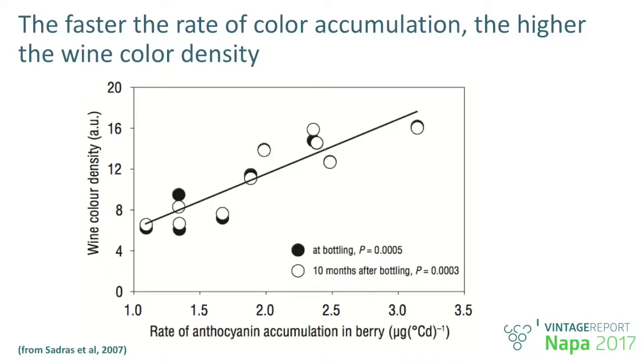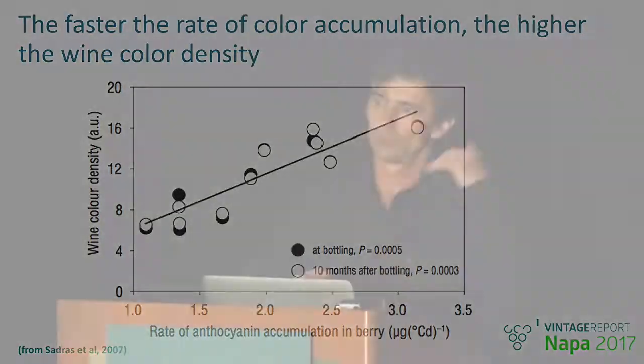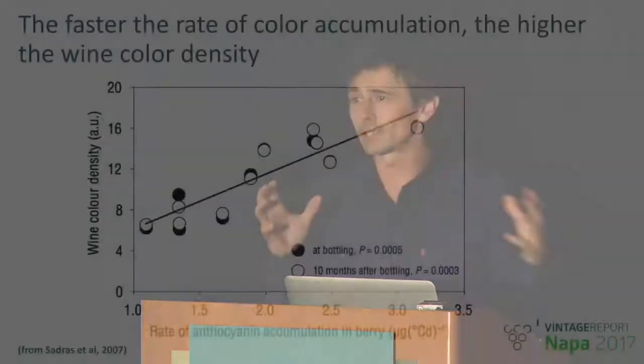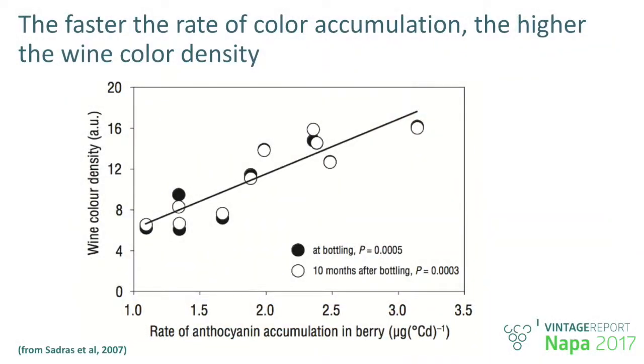And what do they plot? Well, they plotted on the y-axis low color density up until high color density. And on the x-axis, they look at the speed at which color accumulated. So again, to echo Nicolas' presentation, the same way you can characterize a sugar loading curve by its duration, its onset, its plateau value, you can characterize the same way the start of color accumulation, the end of color accumulation, and the speed at which color accumulates, in order to correlate with the wine potential.